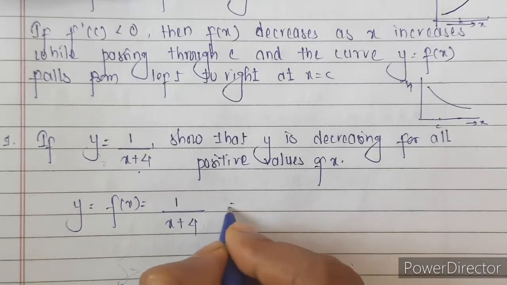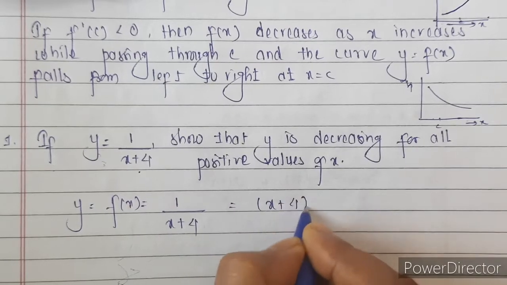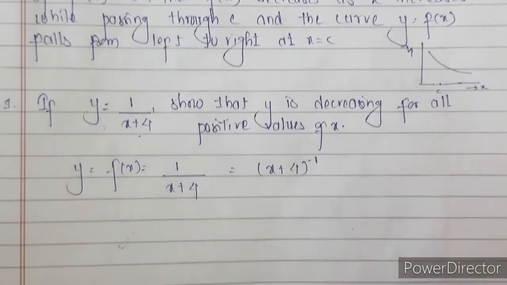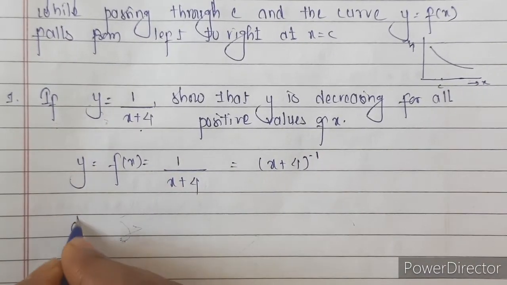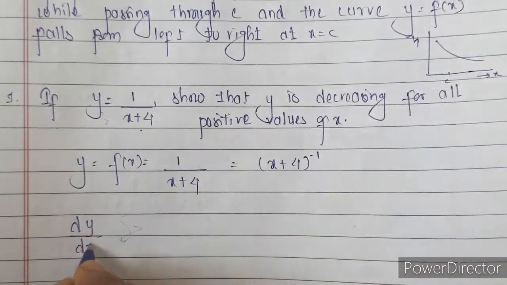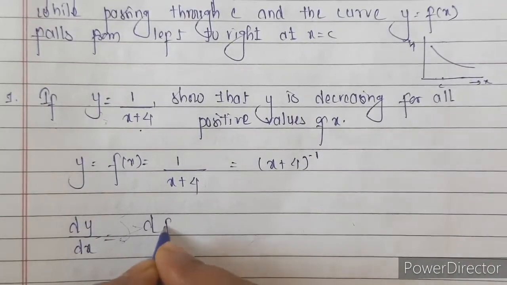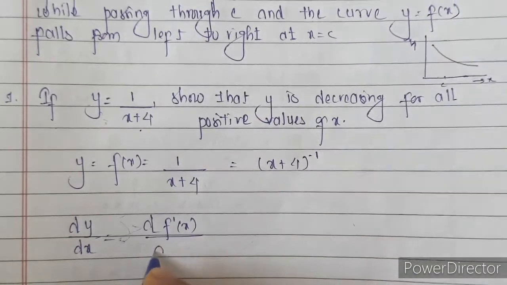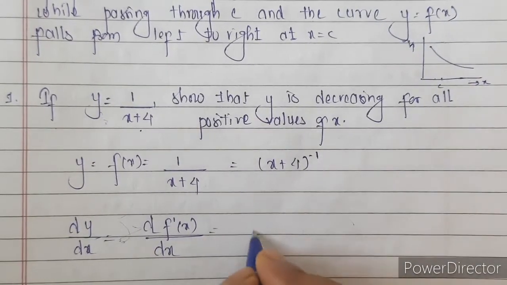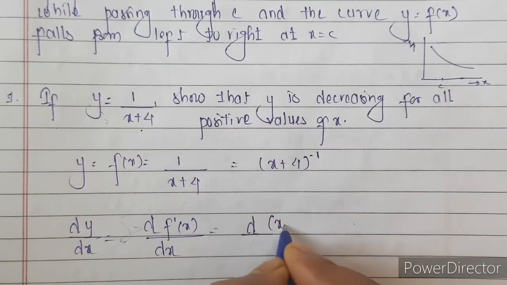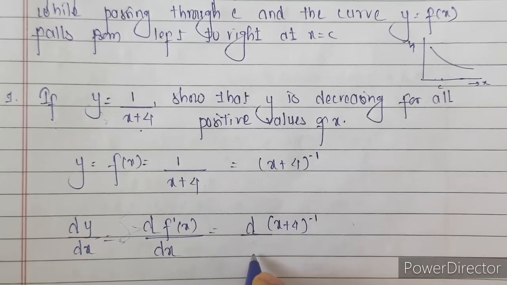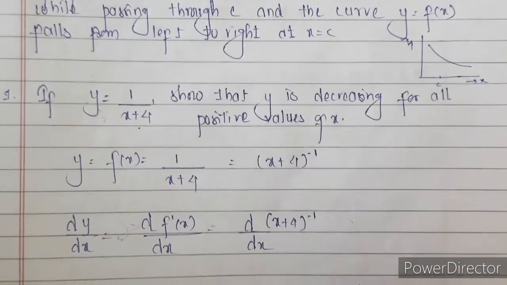Now this 1 upon x plus 4, we can write as x plus 4 raised to power minus 1. Now we need to find the derivative of this y with respect to x, or f dash of x, which is nothing but the derivative of x plus 4 raised to power minus 1 with respect to x.